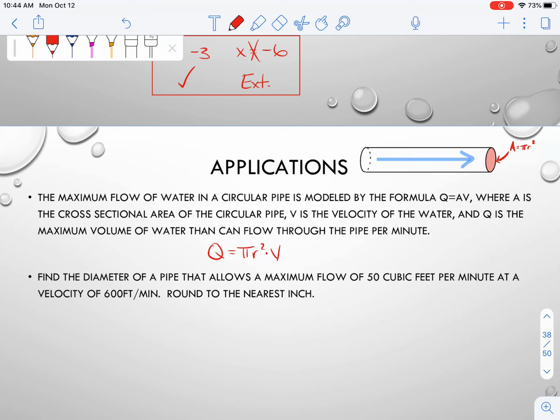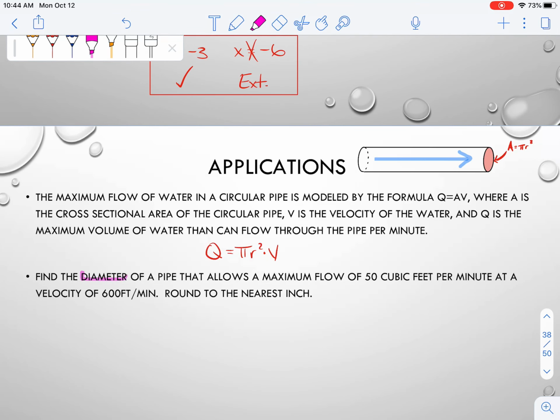When I look down here at the bottom, I want to find the diameter, and I'm going to highlight that because it's important. I want to find the diameter of a pipe that allows a maximum flow of 50 cubic feet per minute.